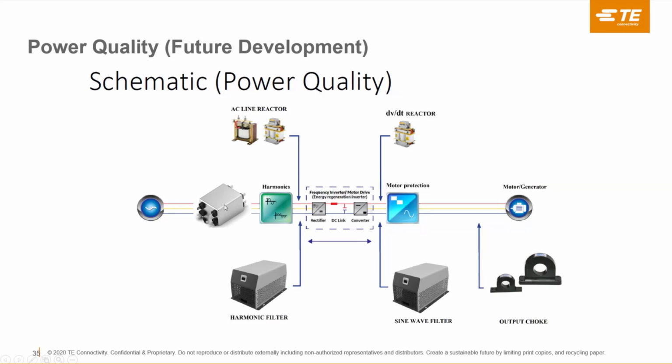We primarily just touch on the power coming in and out of a system with the different EMI filters, but as you can see here, there are the AC line reactors, harmonic filters, dV/dt reactors, sine wave filters, and I guess the best way I can describe this is the fine tuning of the electric signal for motor efficiency. Basically extending the life of a lot of the motors for companies by just fine tuning the signal.